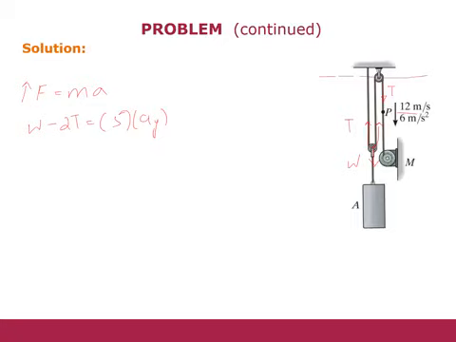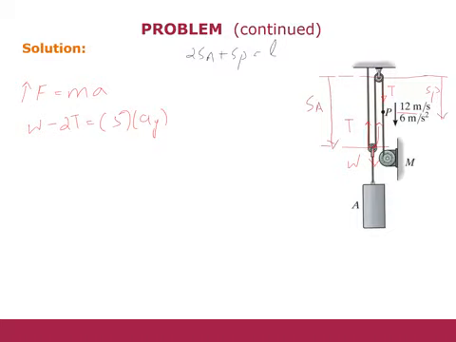We will define the position of a certain point. So this is S_P, and this is S_A, right? We will find the total length of the rope, which is 2S_A plus S_P is equal to the total length, right?